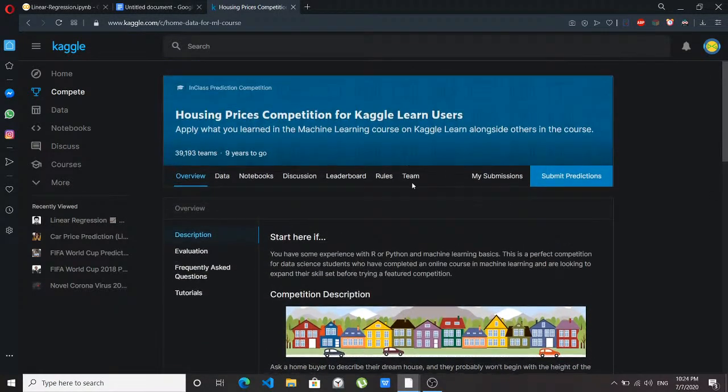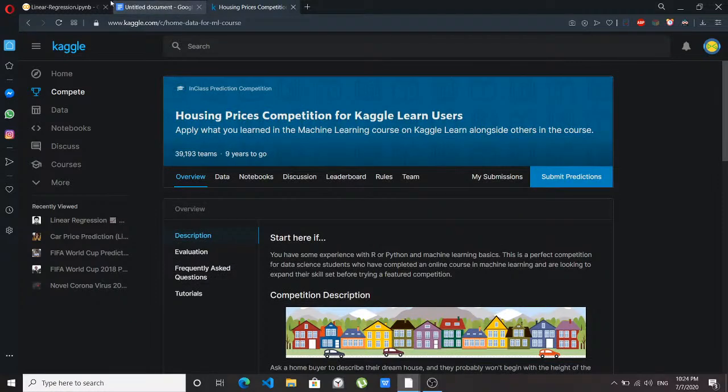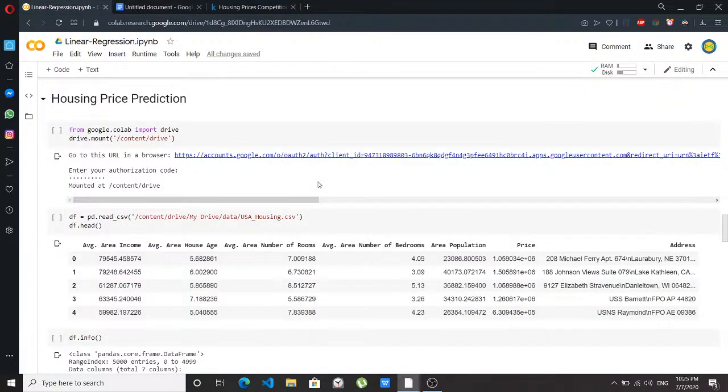Here you can take part in this challenge and use the linear regression model and slowly move to more efficient models. So I've already uploaded the US housing data set into my drive.